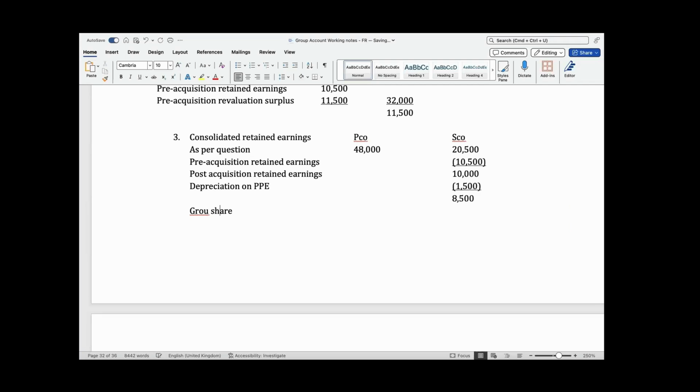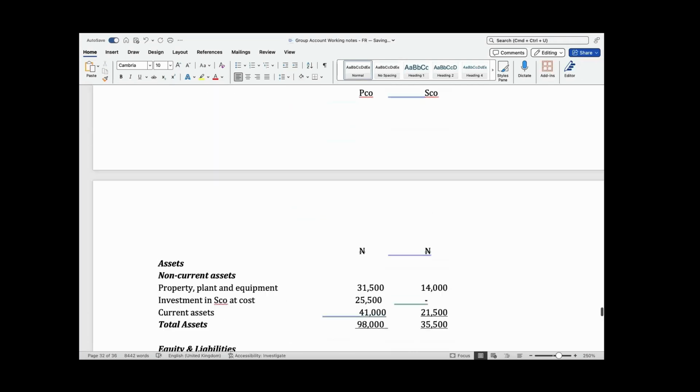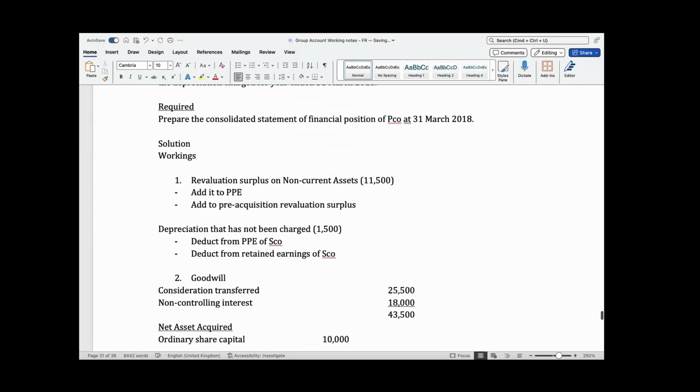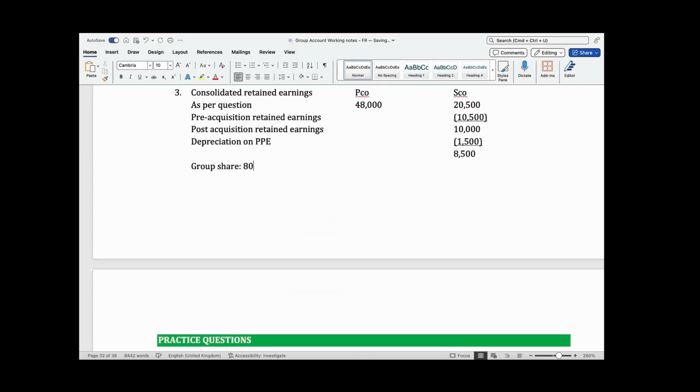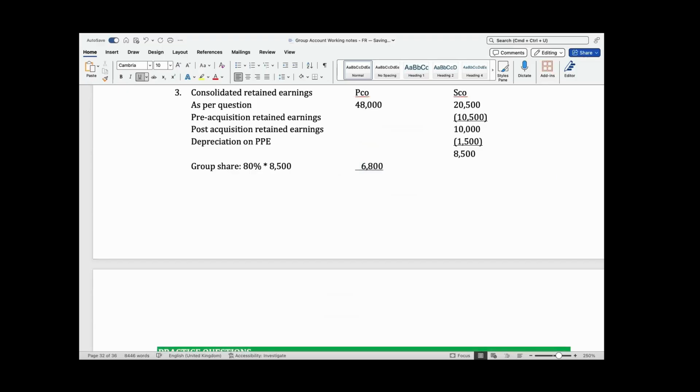What is the group share? What is his holding? 80%. That's 6,800. So what was the addition of the two? 54,800.